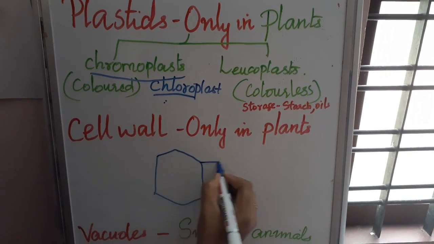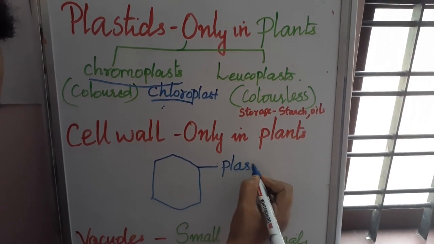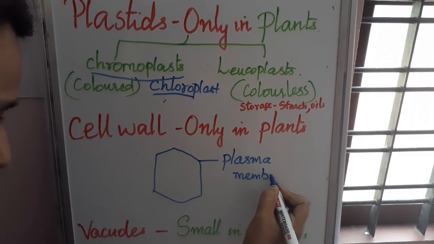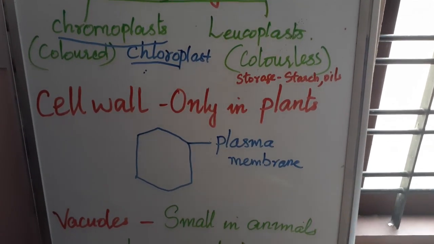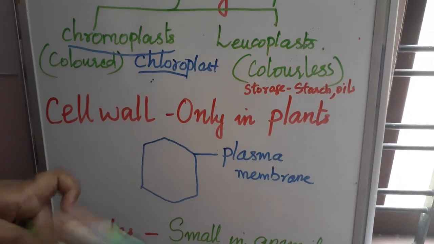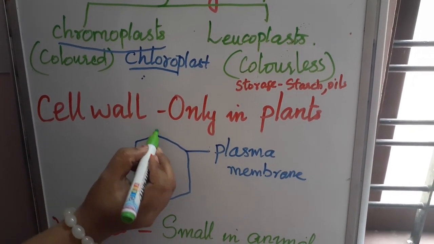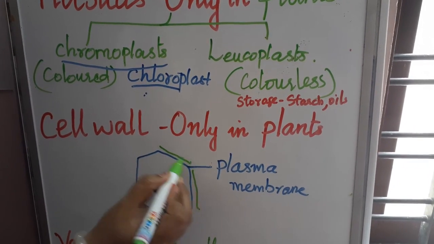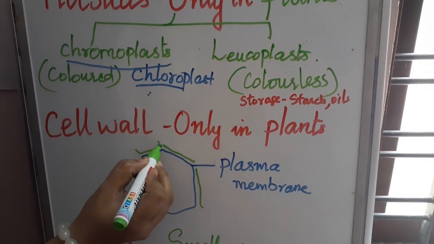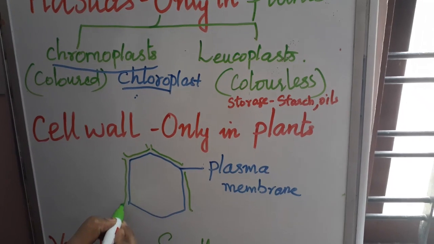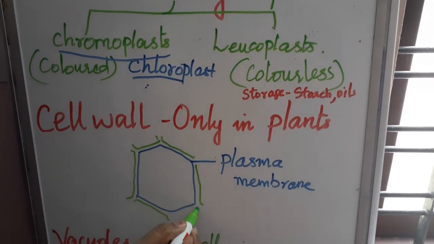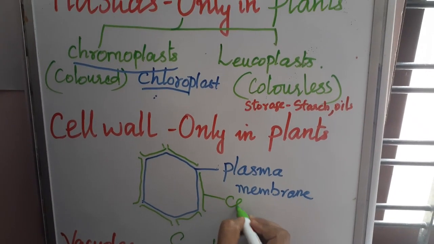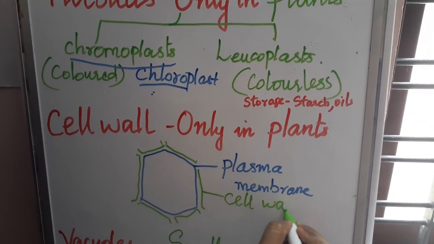This is the plasma membrane or cell membrane. We can see the cell wall here. Okay, this is the cell wall.